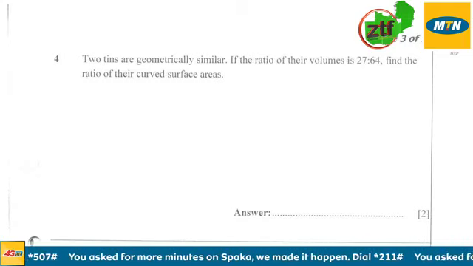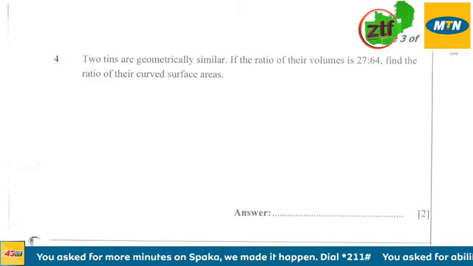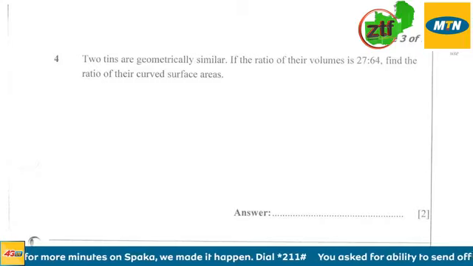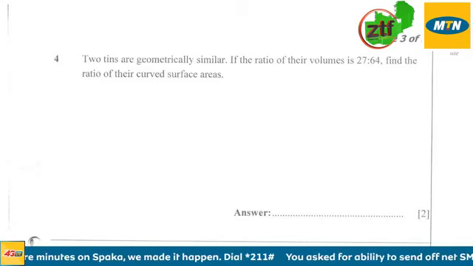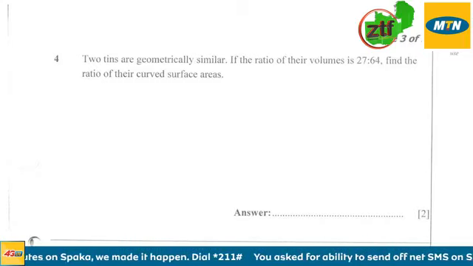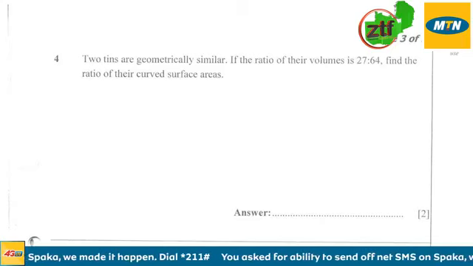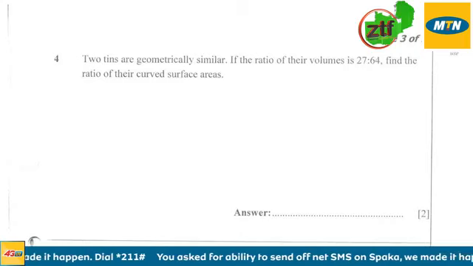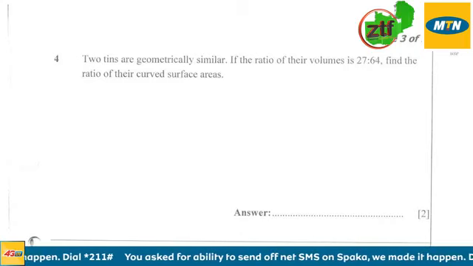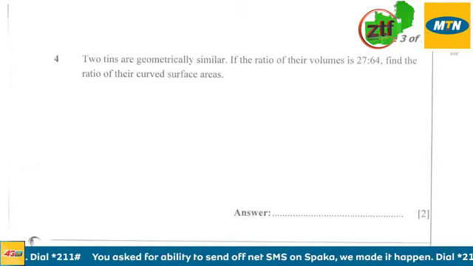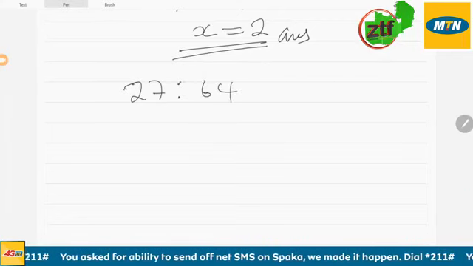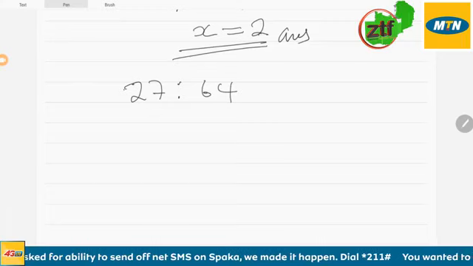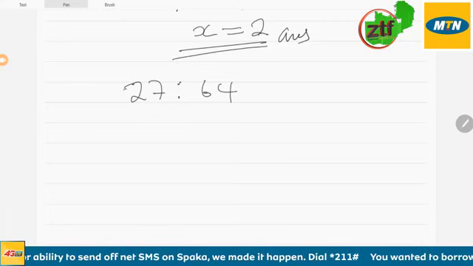Two tins are geometrically similar if the ratio of their volumes is 27 to 64. Find the ratio of their curved surface areas. So two tins are geometrically similar, and the ratio of their volumes is 27 to 64. We already know that the unit for volume is cubed.